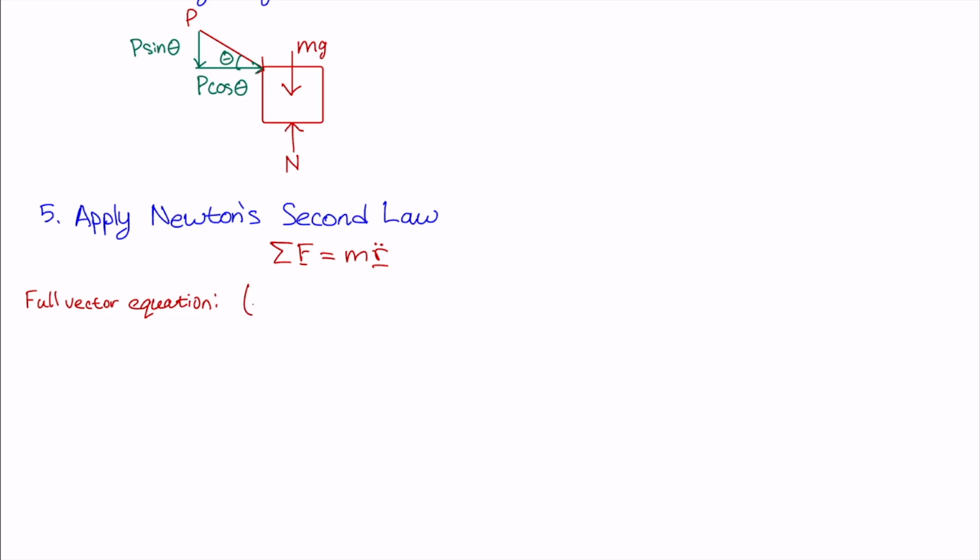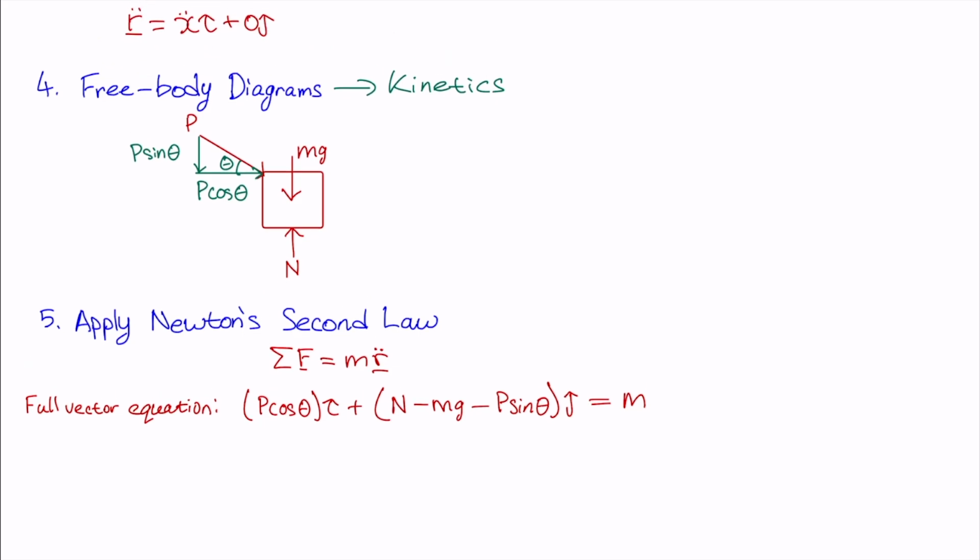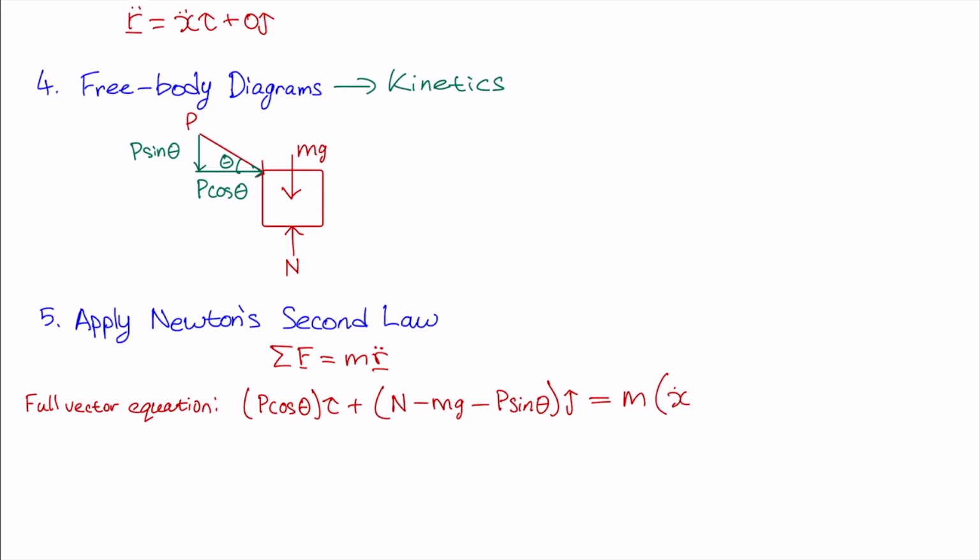In the I direction, we have P cosine theta is the only force in the I direction. Plus, in the vertical direction, we have N, which is pointing upwards, minus mg, minus P sine theta, that's all in the J direction. It's going to be equal to the mass, and our acceleration vector was x double dot in the I plus 0 J. That's our full vector equation.